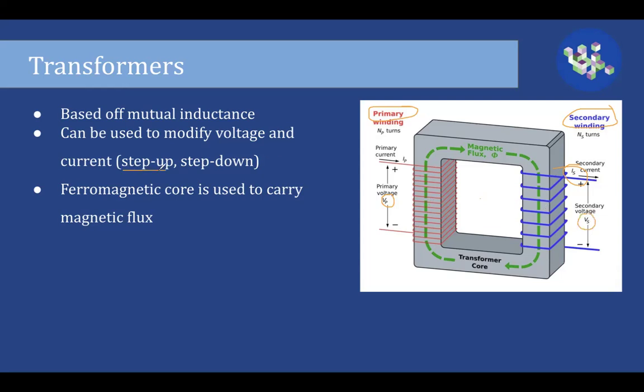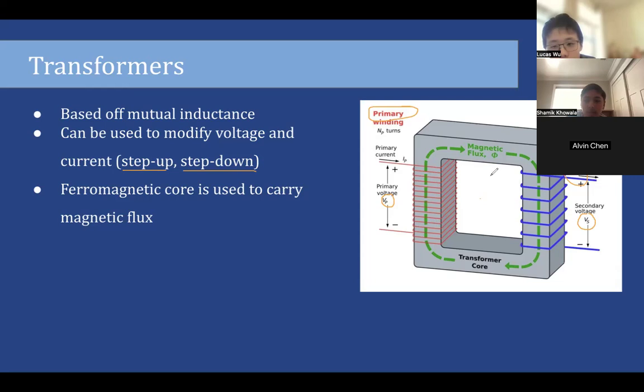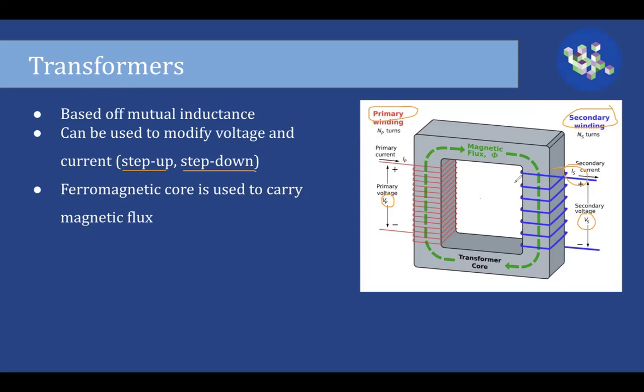This leads to step up or step down transformers, where depending on the number of turns in each solenoid, you can either step up or step down. If the second solenoid had more turns, you'd create a larger voltage, while if your second solenoid had fewer turns than the first one, you'd create a smaller voltage.